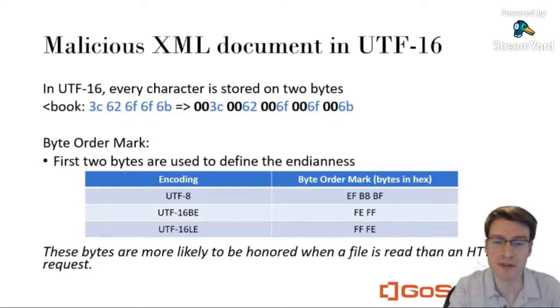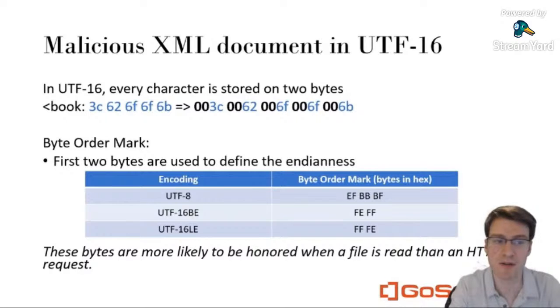But to use it, you need to tell the system that it's going to be encoded in UTF-16. The way it works is you need to specify a byte order mark at the beginning of the file. These are magic bytes that will tell the parser this file is encoded in UTF-16. This is supported by most file readers in most programming languages, because nowadays modern languages support Unicode natively, and they support these types of directives or magic bytes.